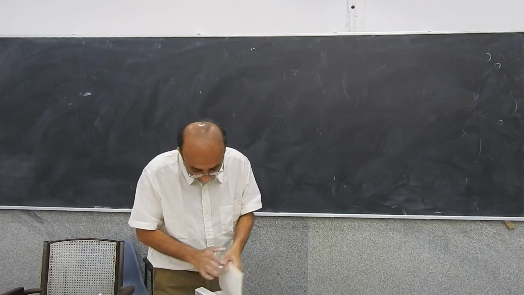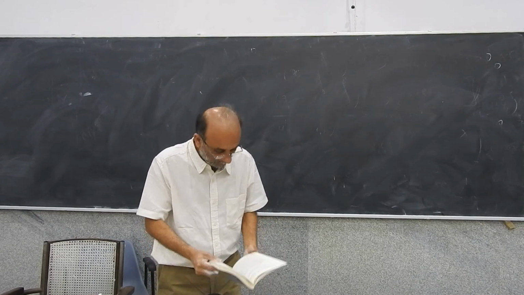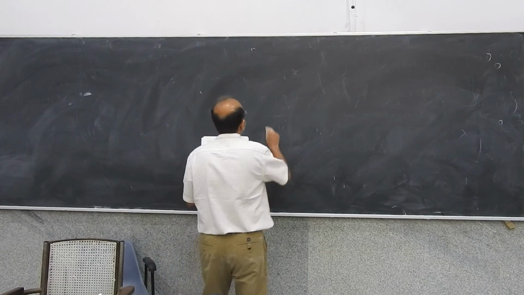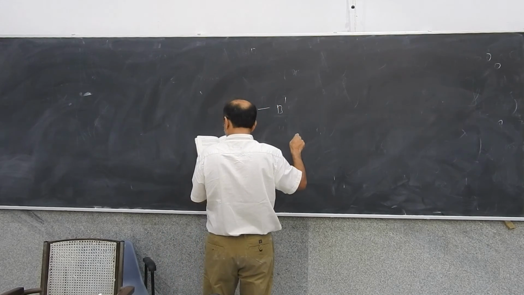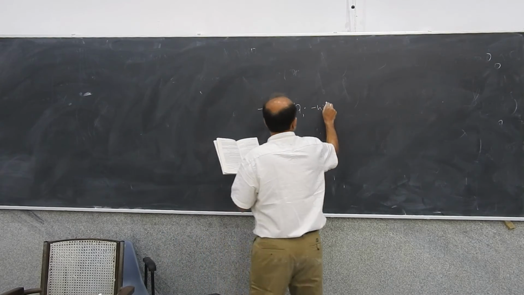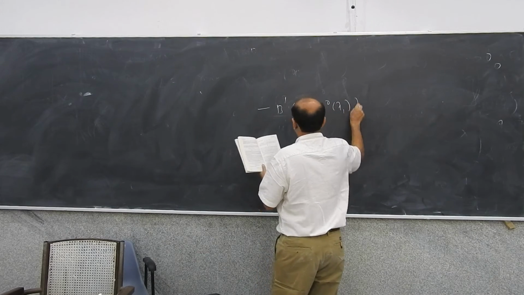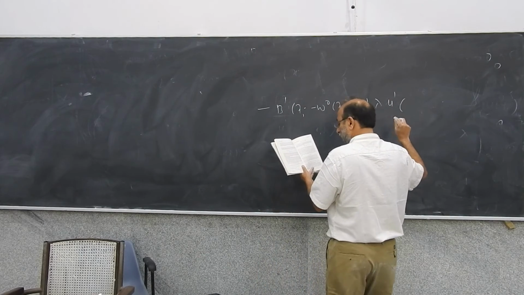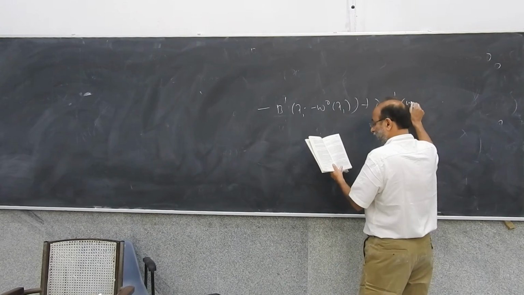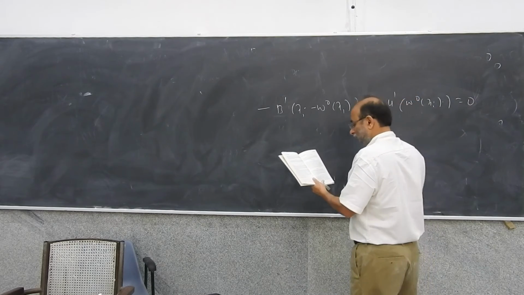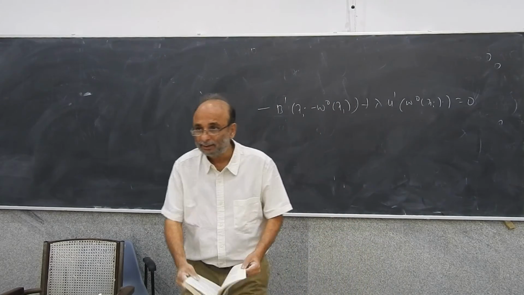Now, what if both are risk averse? Then we have, how can I write this?